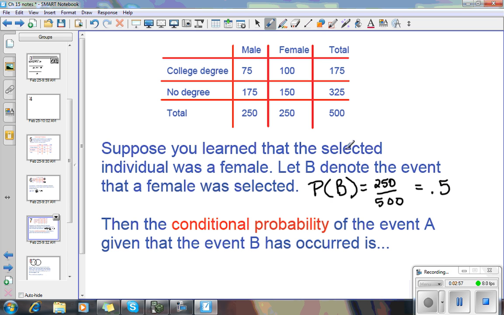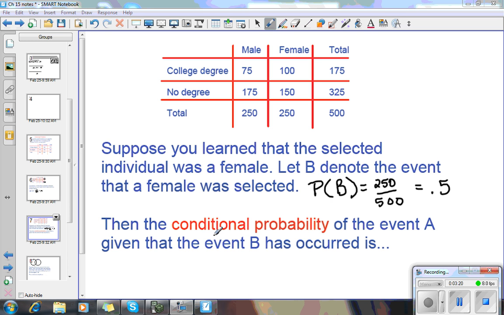All right, so now I'm saying that we know that it's a female. That's going to change my sample space because now I'm not talking about out of all the 500 students. Now I'm just narrowing it down. I know that that person chosen was a female.